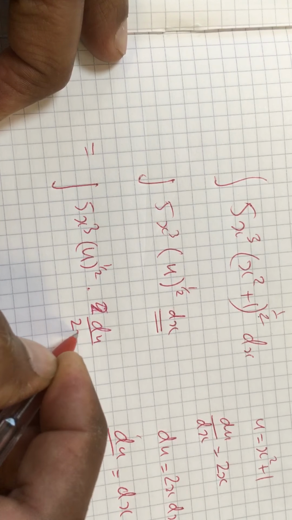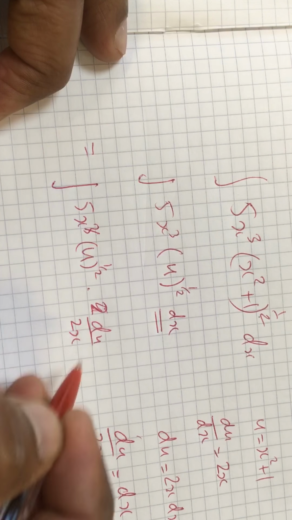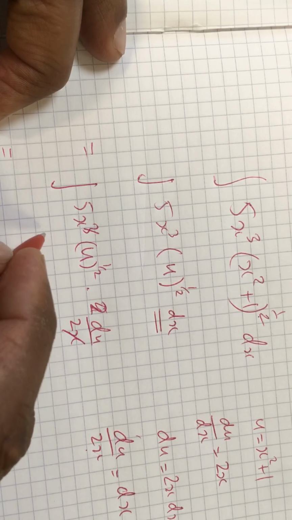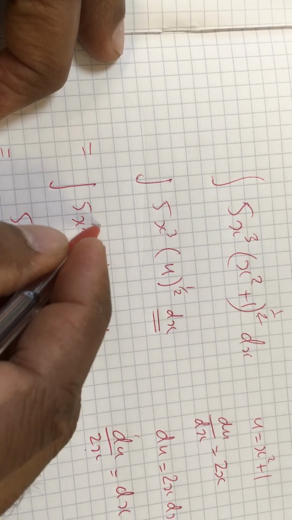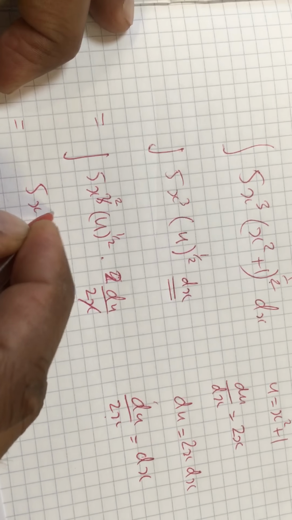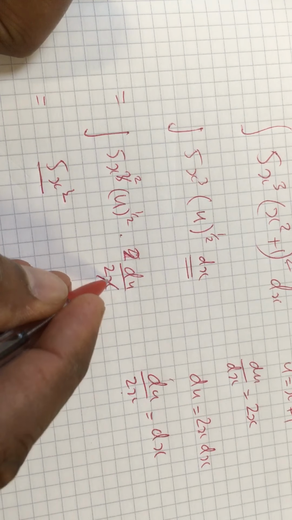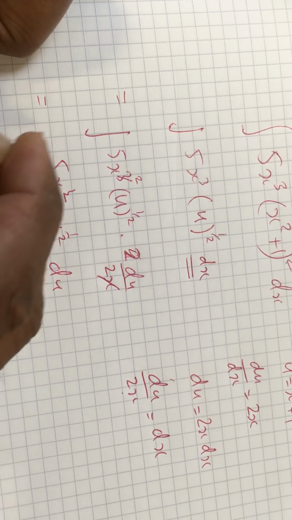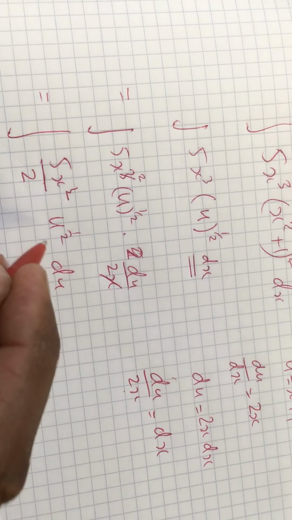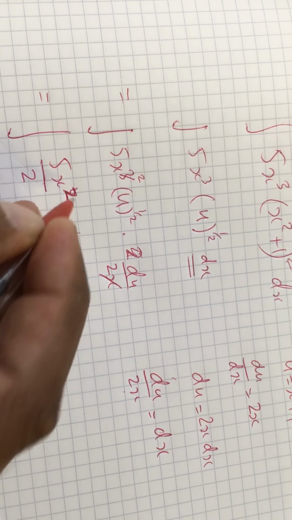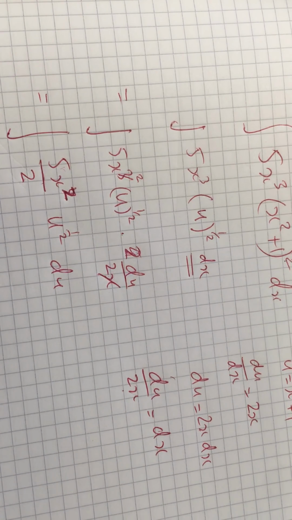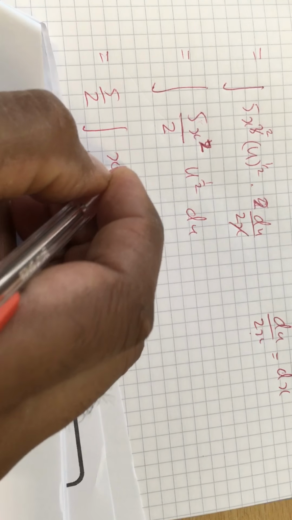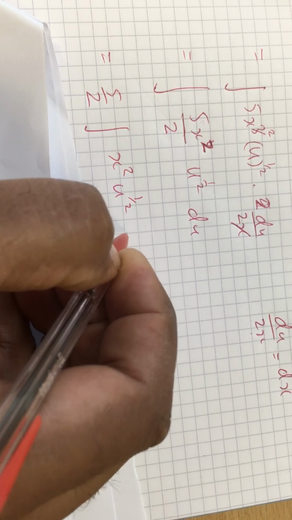One of the x's is going to cancel, so I'm going to end up with 5x squared divided by 2, u to the half du, integral of. Before I start anything here, I'm going to take the 5 over 2 out of the integral, so I end up with x squared u to the half du.